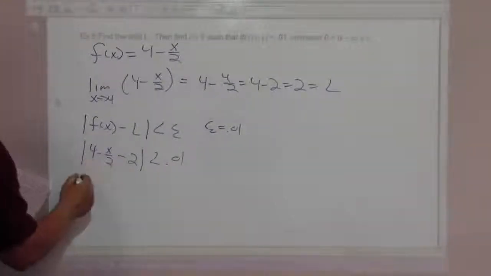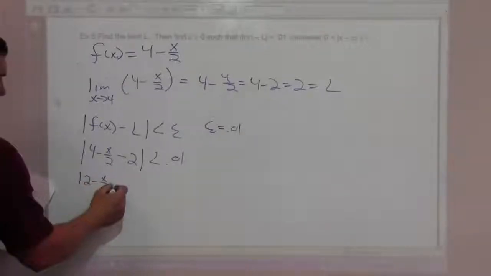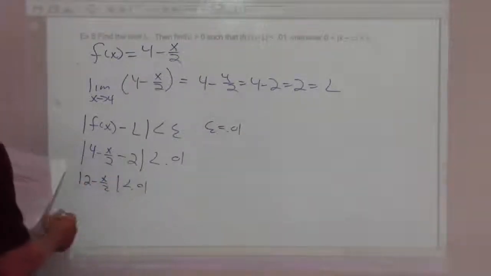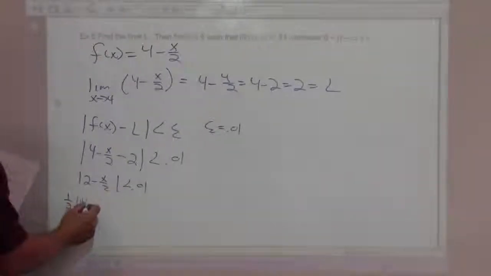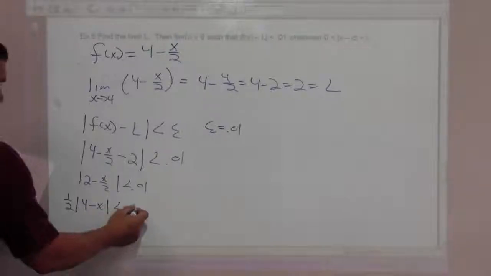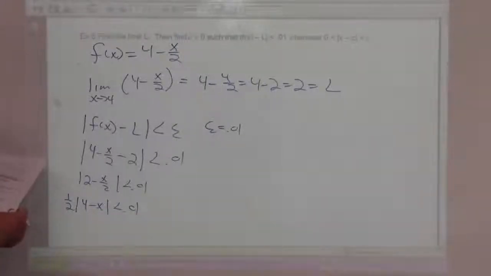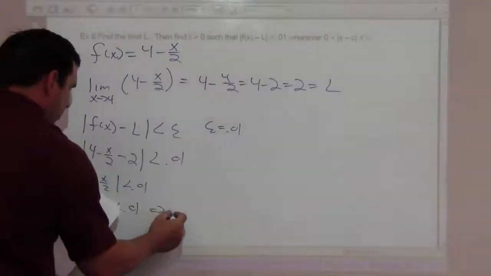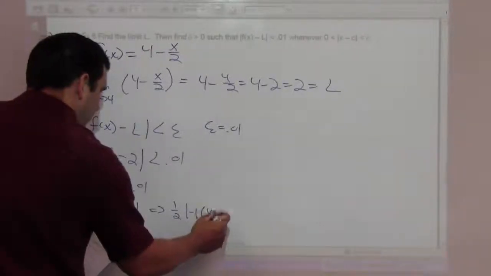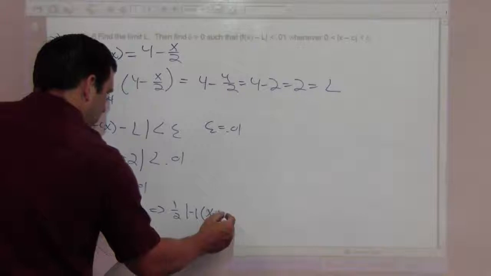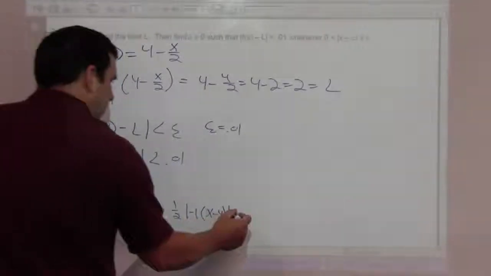So 4 minus 2 is 2, so 2 minus x over 2 is less than 0.01. I can factor out a 1/2, so 1/2 times the absolute value of 4 minus x is less than 0.01. So we could say 1/2 times the absolute value of -1 times x minus 4 is less than 0.01.